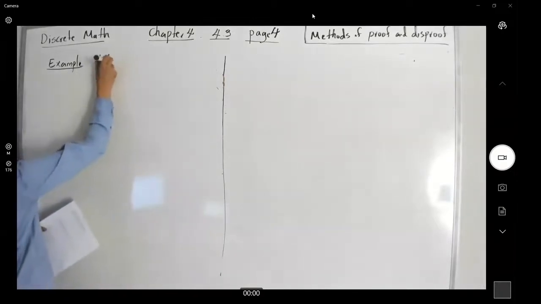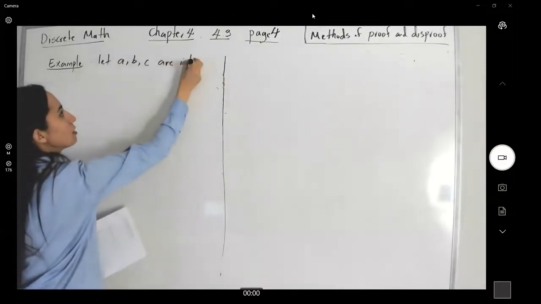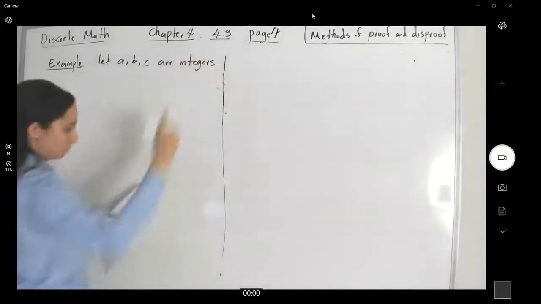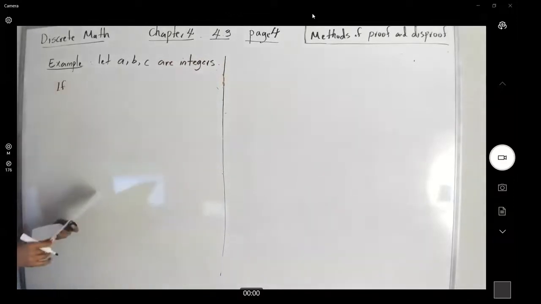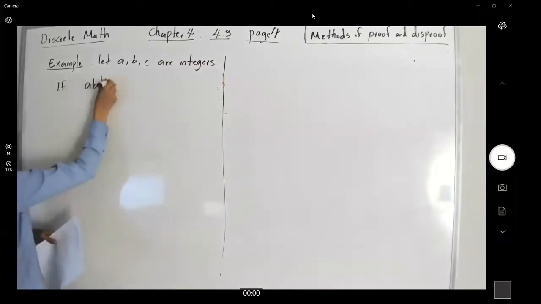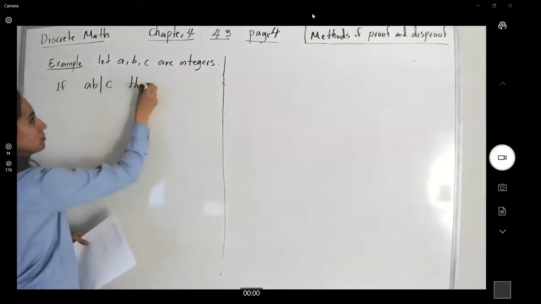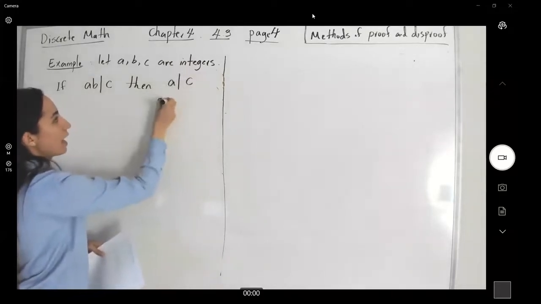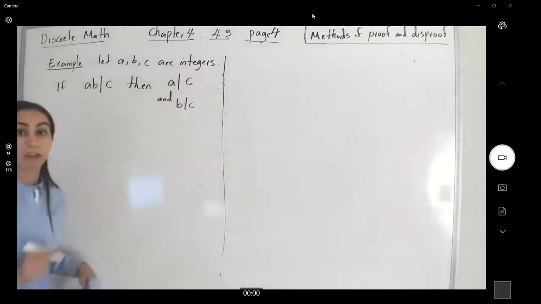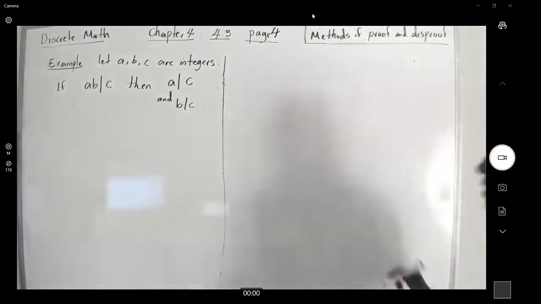If AB divides C, then A divides C and also B divides C. Is it true? Is it false?